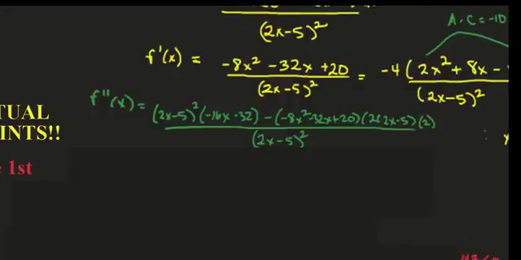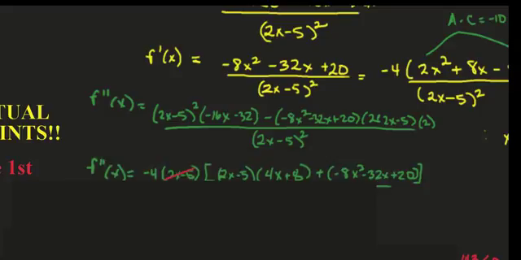So again, the quotient rule: it's the bottom times the derivative of the top minus the top times the derivative of the bottom over the bottom squared. So you can factor out a 4 common to both of these, actually a negative 4, and one of the two x minus 5s. If you do that, this is what you're left with here.